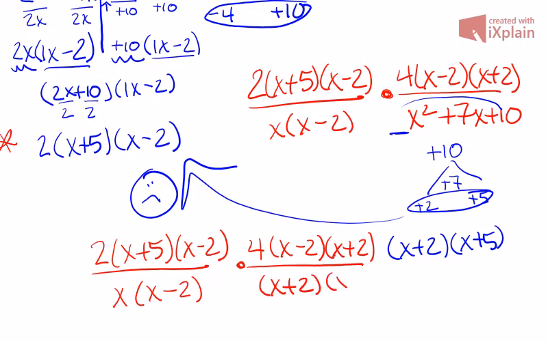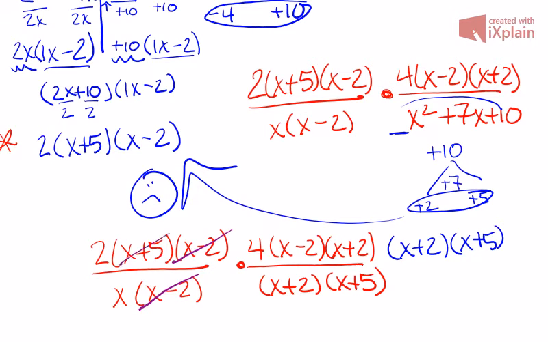Once you've done all 4 corners, now it's just matching. You're trying to see what matches on top versus what matches on the bottom. Anything that matches can cross off with one other thing. So I see this x minus 2 and this x minus 2, so I cross them off. I can't cross off this one because there's not another x minus 2 in the bottom.